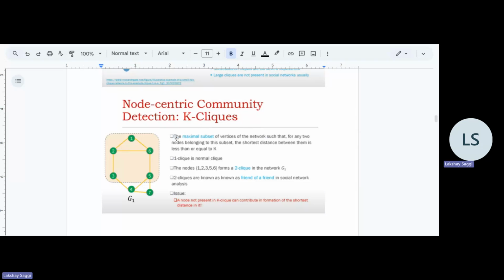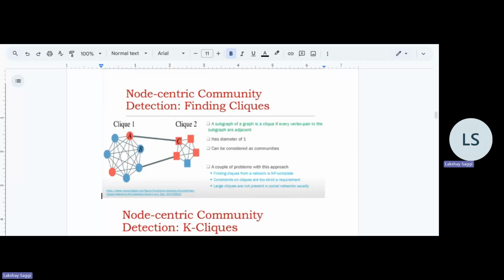So what's a K-clique? A K-clique is a maximal subset of vertices such that for any two nodes, the shortest distance between them is less than or equal to K. Note that we said we call a subset of vertices a clique if the distance between any pair of vertices in that subgraph was actually 1.